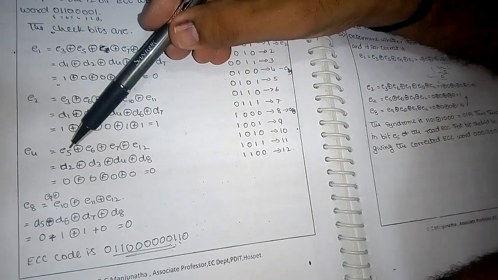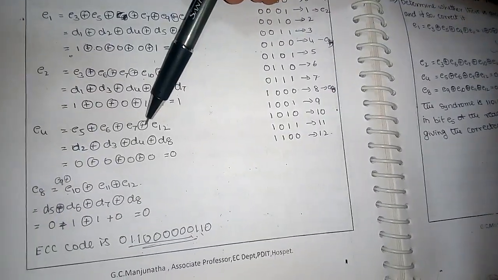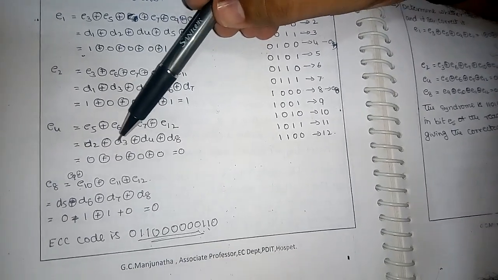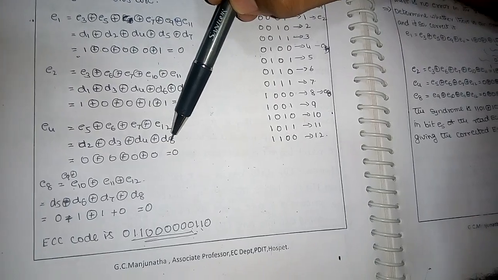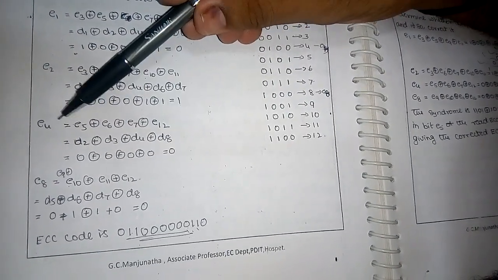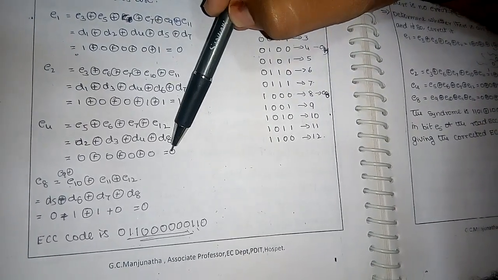E4 is equal to E5 XOR E6 XOR E7 XOR E12, that is D2 XOR D3 XOR D4 XOR D8. The corresponding values will be placed, and you will get E4 equal to 0.